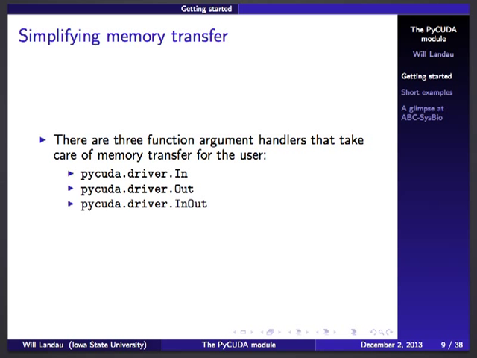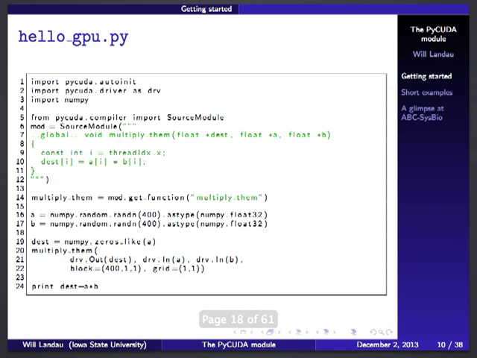So you can add another level of encapsulation with these driver in, out, and in-out functions. They're a little bit of syntactic sugar for the memory transfer functions, the CUDA memcopy functions we looked at earlier. Here's an example. So in this kernel, this is what I meant by mod.